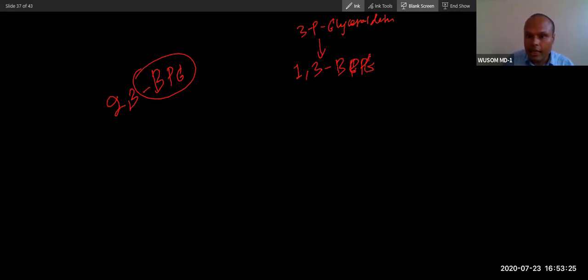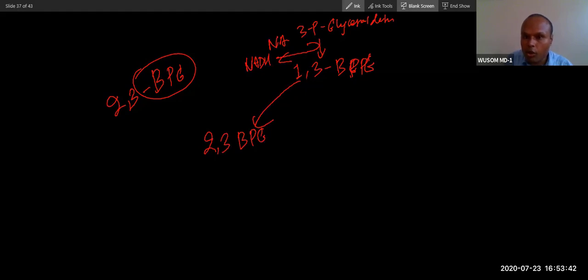1,3-bisphosphoglycerate is a glyceric acid, so oxidation will happen. NADH will be produced from NAD. Now this particular molecule will convert into 2,3-BPG. When a molecule converts by repositioning the phosphate group, the enzyme that catalyzes the conversion of one form to another form that has only repositioning of phosphate is called a mutase.